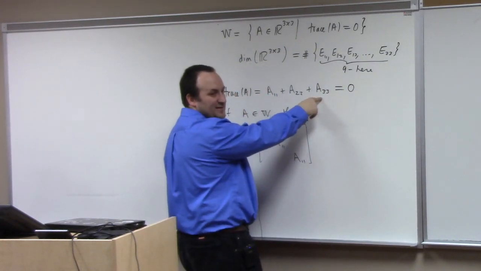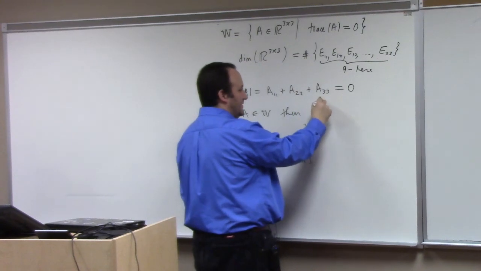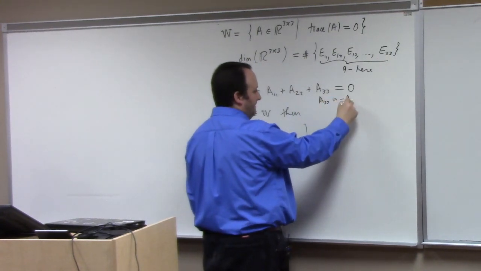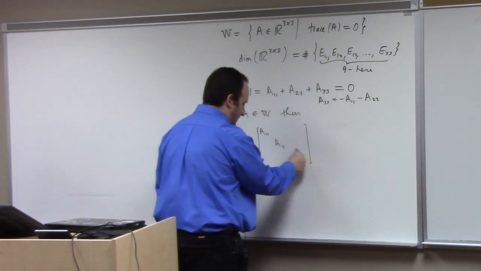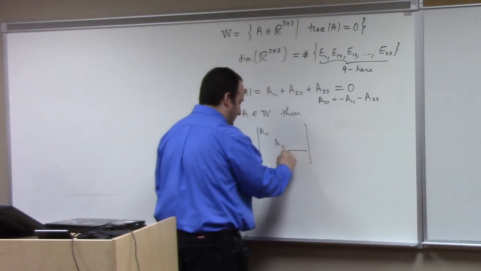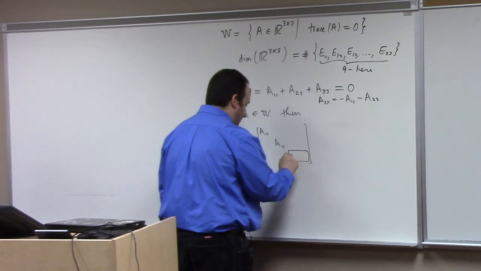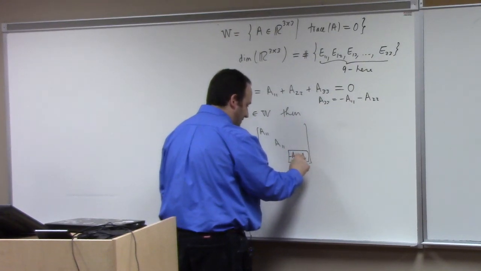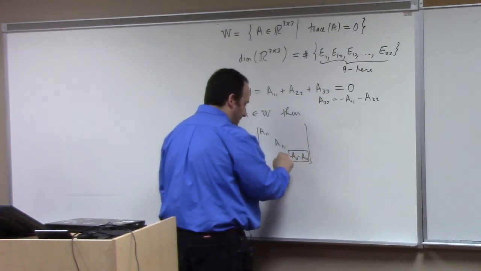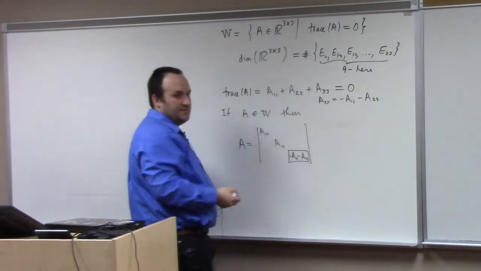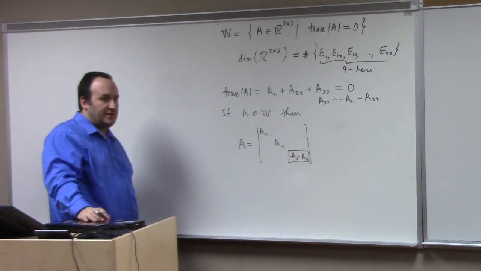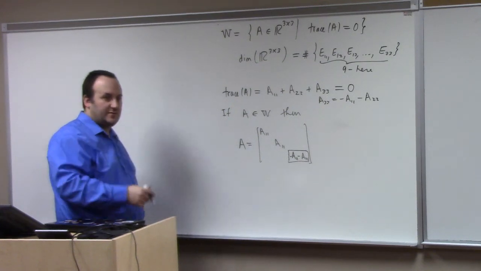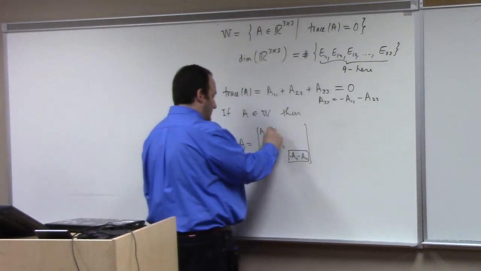What's A33 equal to? So I should really put, instead of A33 down here, minus A11 minus A22, yeah? What about the rest of the entries? There's no condition on those at all. They're just, as usual, A12, and so on.